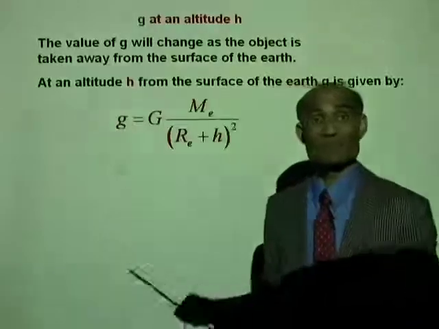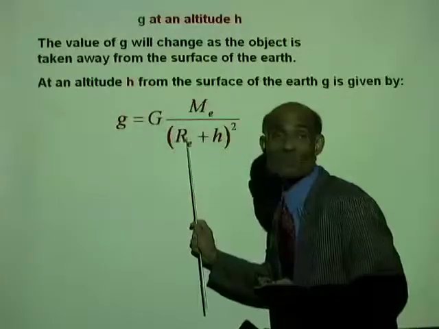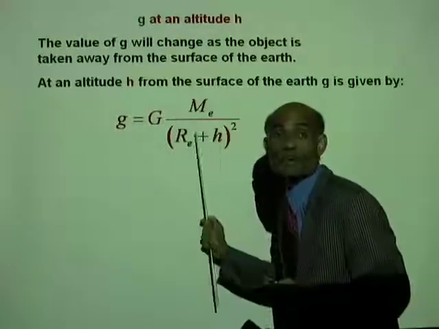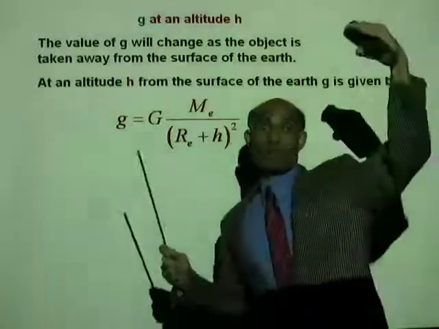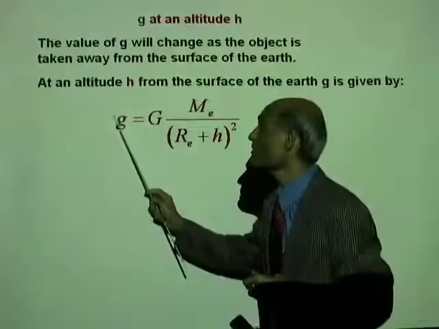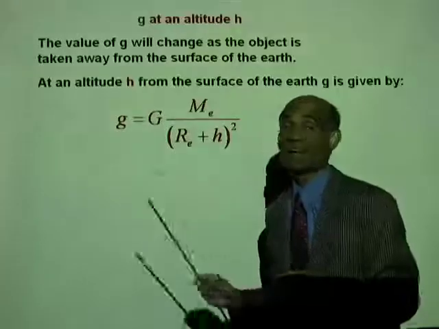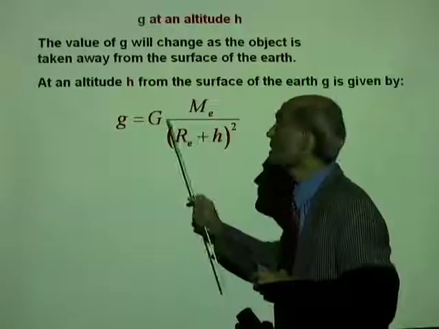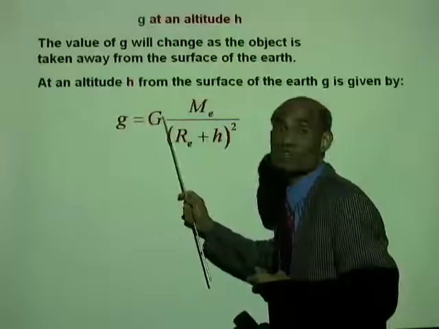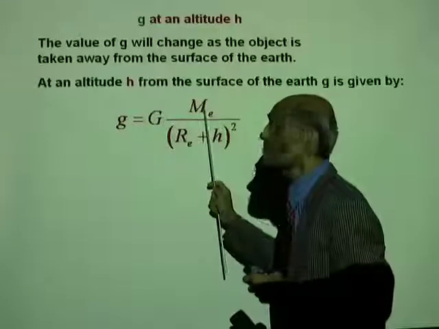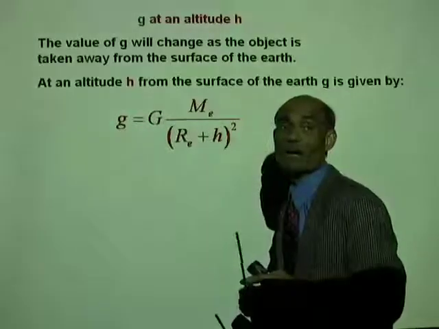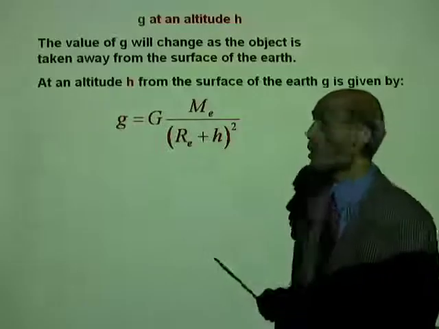Is that right? So we will replace the radius of the Earth now with the radius plus the altitude. So the value of g at an altitude h will be the universal gravitational constant times mass of the Earth divided by R_E plus h all squared.